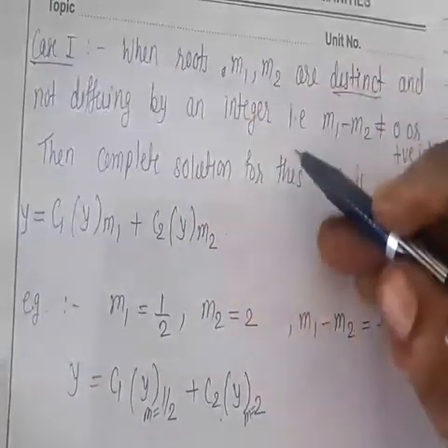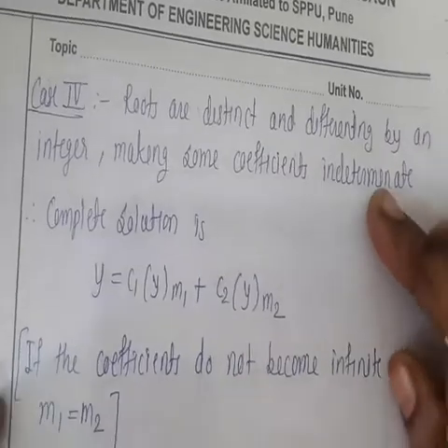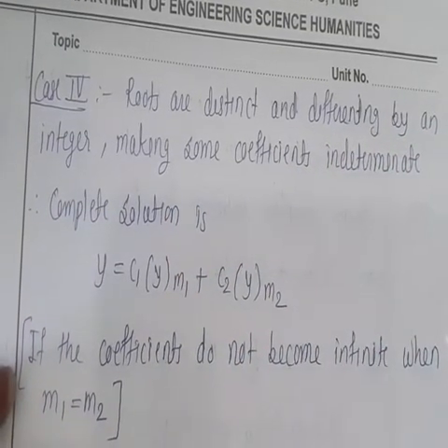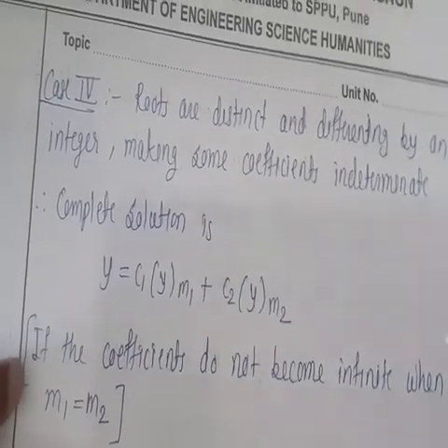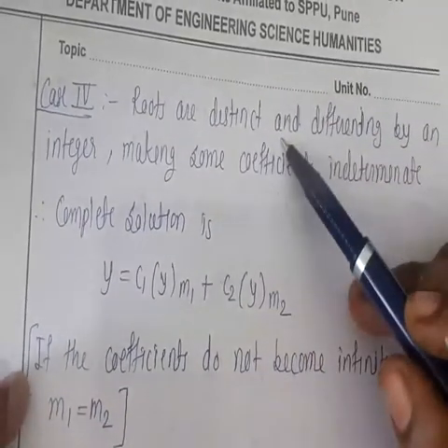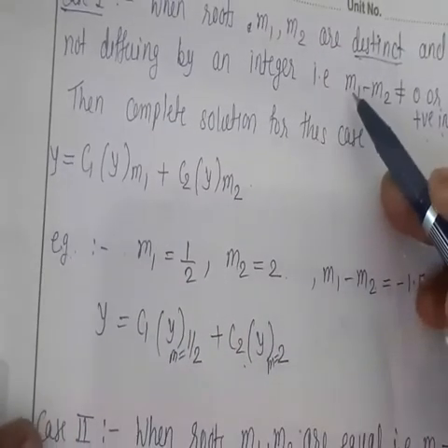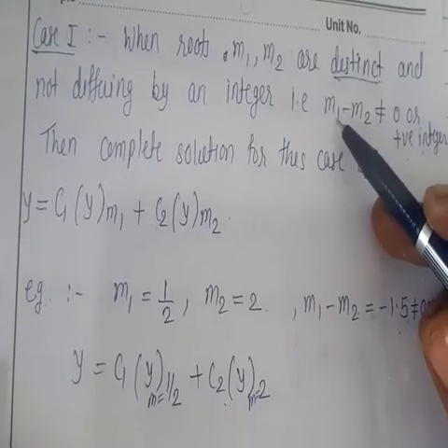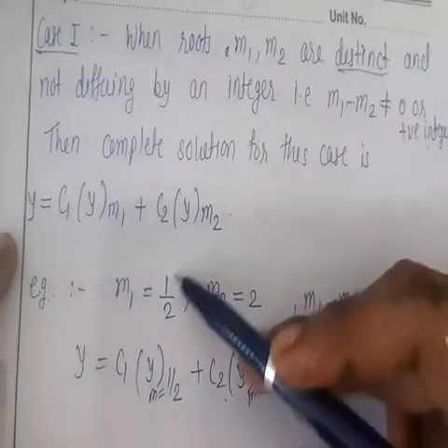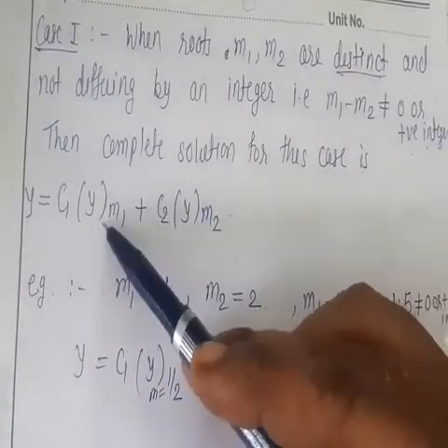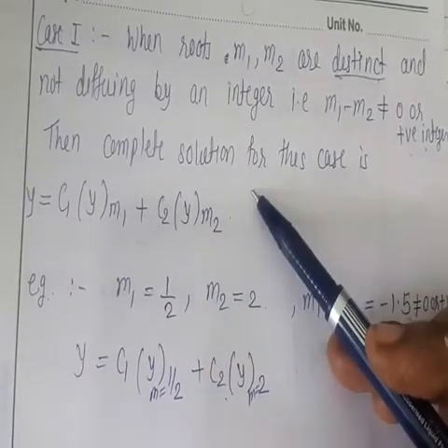In case 1 they are not differing by an integer, but in case number 4 they differ by an integer. This is the basic difference, and making some coefficient indeterminate. So roots distinct and differing by an integer is case number 4. Roots distinct and not differing by an integer is case number 1. So the writing method for the solution for both is the same: y is equal to c1 into y at m1 plus c2 into y at m2.